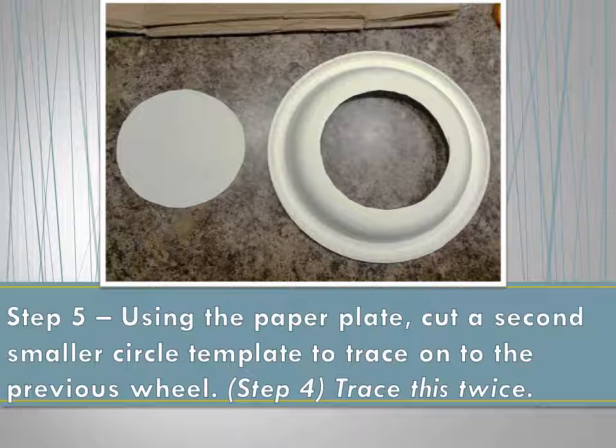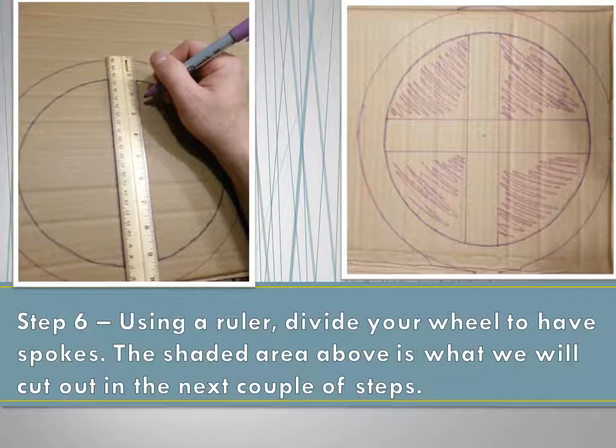And we're going to make that a smaller circle, and we're going to use that smaller circle to trace a smaller circle into the cardboard area of the wheels. We're going to trace this twice. So as you can see from the picture, I've traced the outside of the paper plate, and then I traced the smaller circle that I cut out from the paper plate.